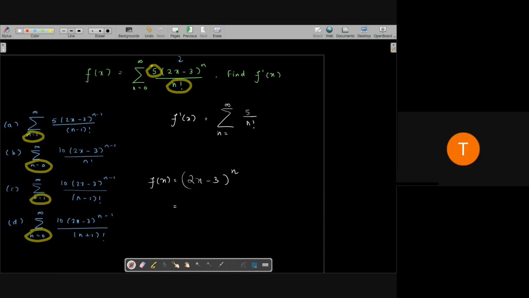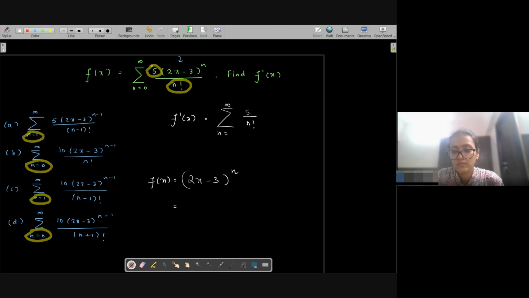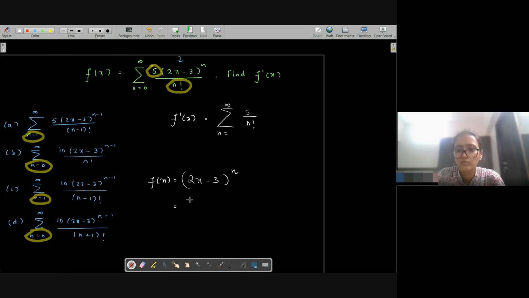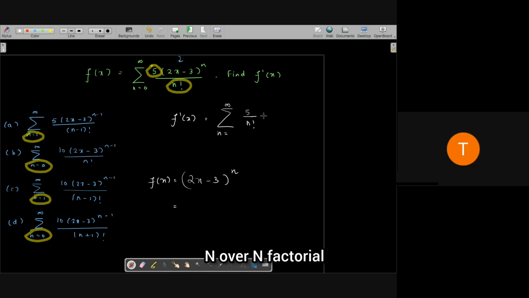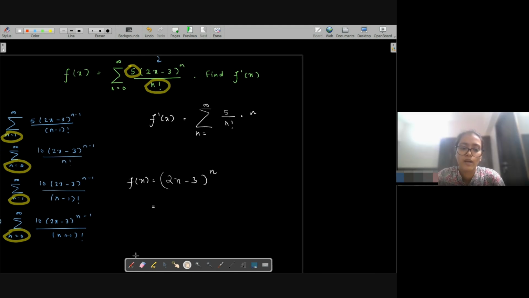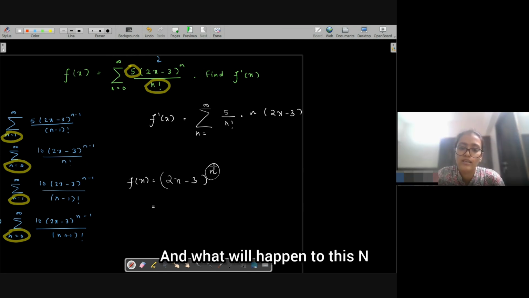So there will be a 10 outside. Then the power will come down, so you take an n outside, n over n factorial, which becomes n minus 1 factorial. And the power n will become n minus 1. That's the power rule.